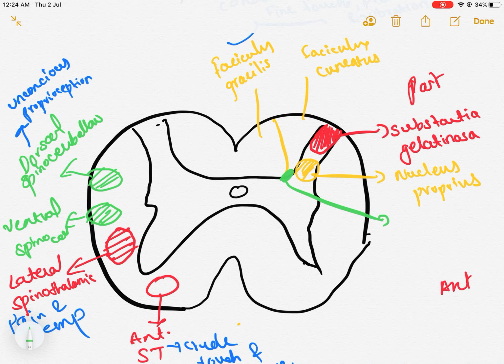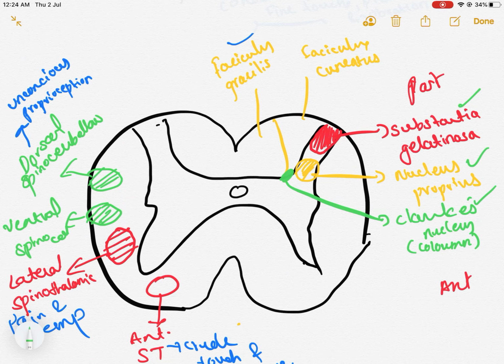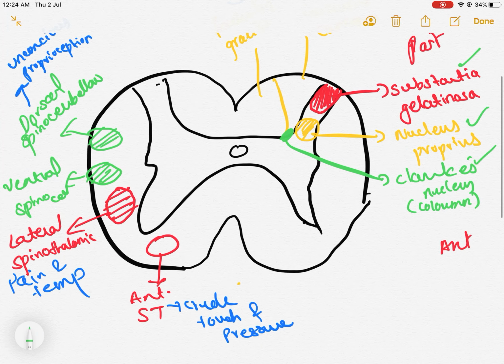This is called Clark's nucleus, also called Clark's column. These three are not the synapses of these tracts, but just relays where they release one interneuron which is responsible for various mechanisms, like the interneuron of spinothalamic tract here gives a G neuron. Now G denotes the gate mechanism, so the substantia gelatinosa is involved in gate mechanism, that is closure or opening of gate. That is not important currently in this topic, at least.